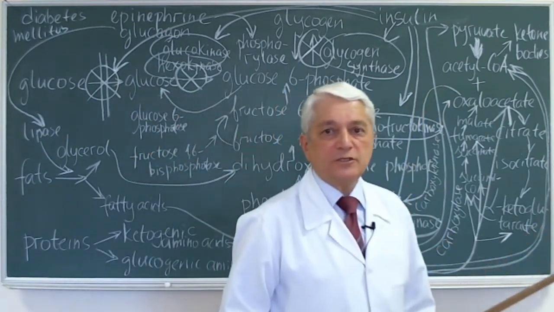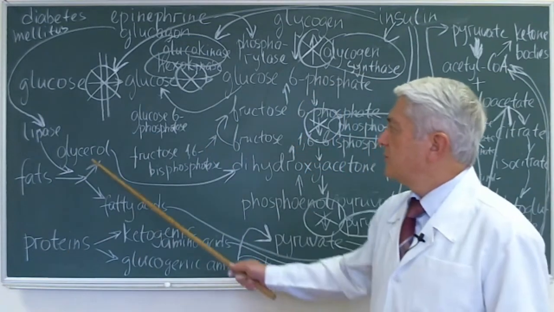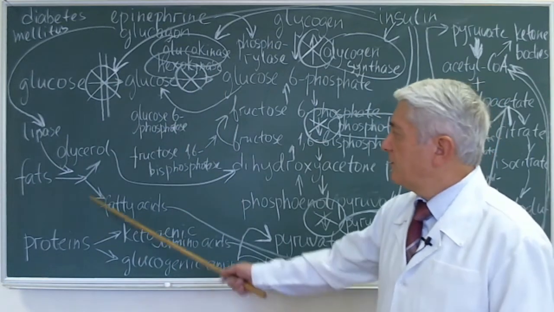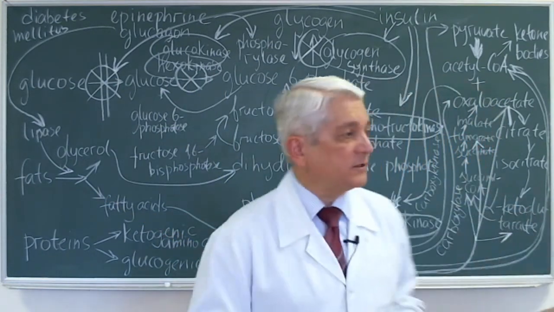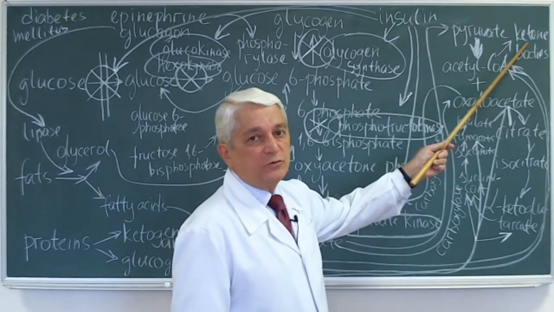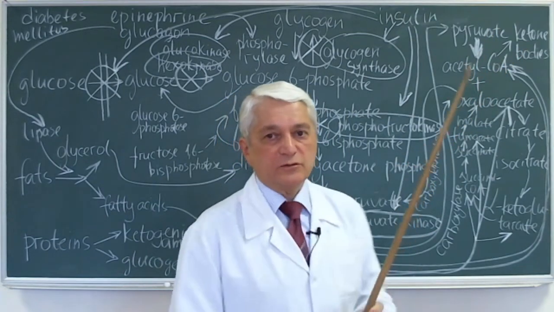So gluconeogenesis is possible. The molecules of glycerol will produce glucose, and the fatty acids produce acetyl coenzyme A and ketone bodies, and they cannot produce glucose.